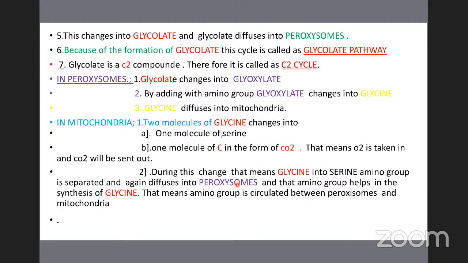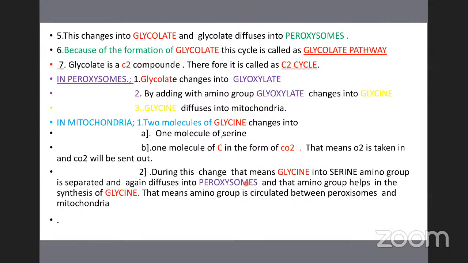So peroxisomes and that amino group help in the synthesis of glycine again. That means the amino group is circulated between peroxisomes and the mitochondria in regenerating glycine again and again, or in continuing the cycle. So these are the changes in mitochondria.